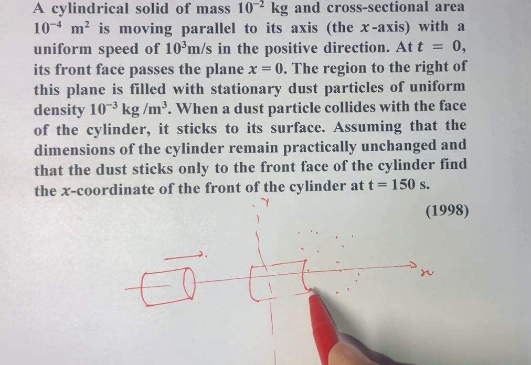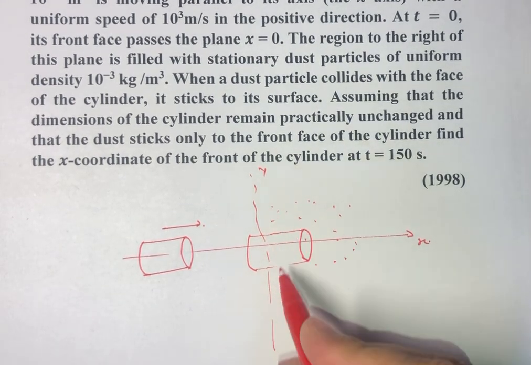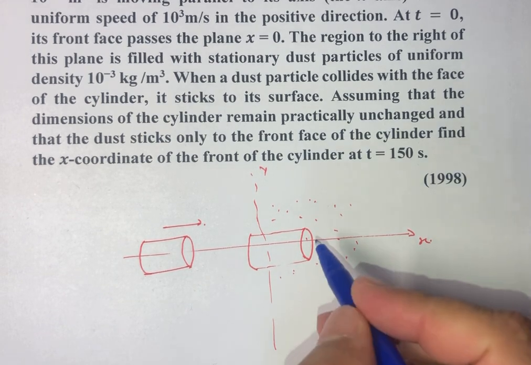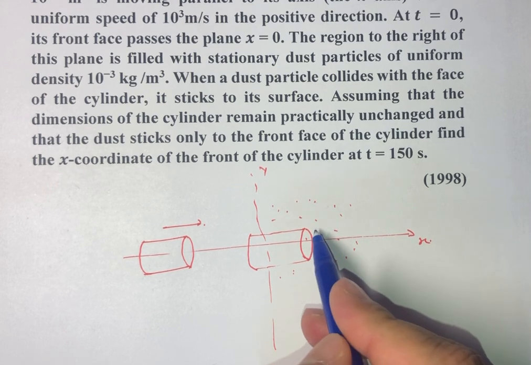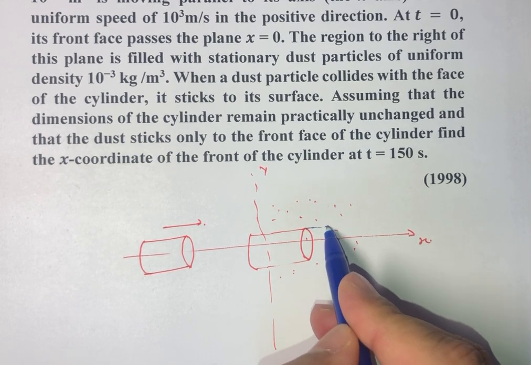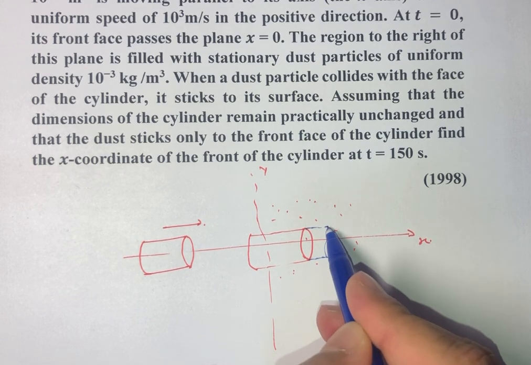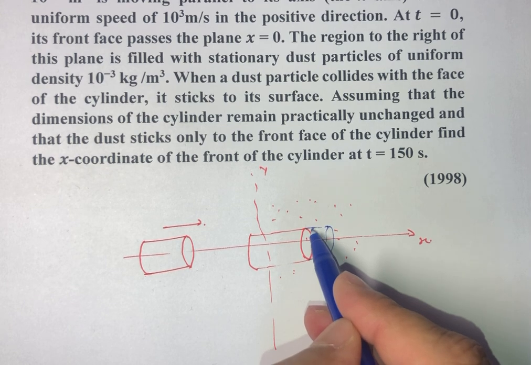As soon as it passes the plane x = 0, let us suppose this is the position of the cylinder. During this process, the dust particles are going to stick on the front face of the cylinder, and we assume that this is the thickness up to which the dust particles stick to the front face.